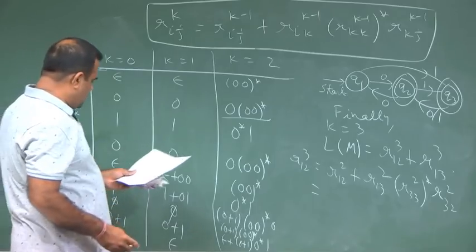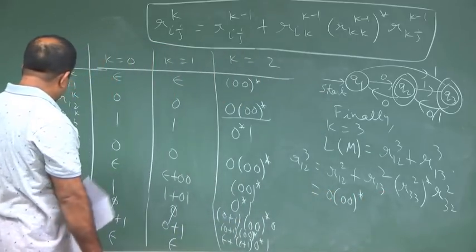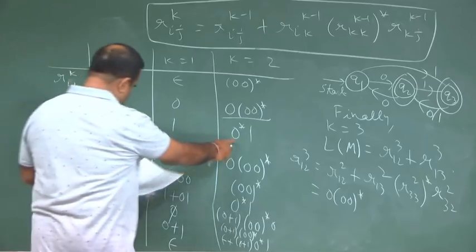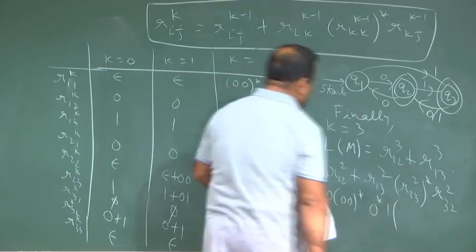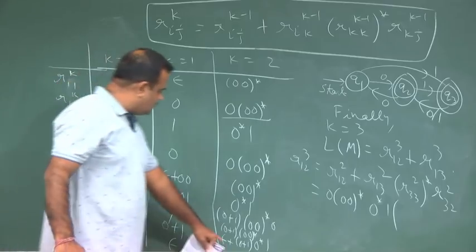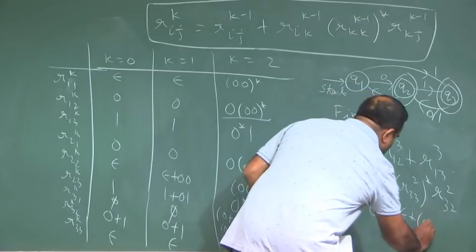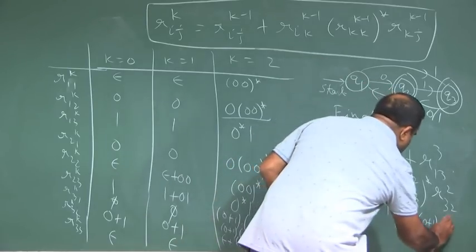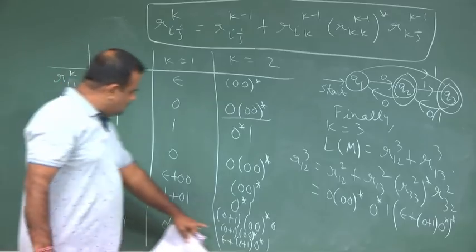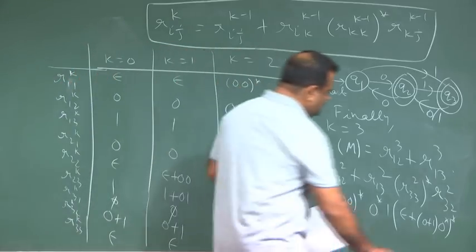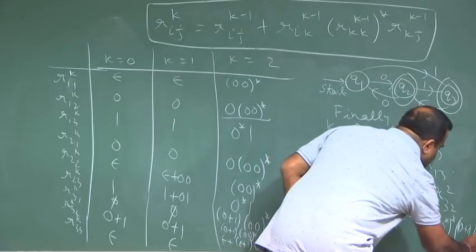If you put the values, we are getting 0 0 0 star, then R 1 3 2 is this one, 0 star 1, and then R 3 3 2, this big expression, which is nothing but epsilon plus 0 plus 1 0 star, then whole star, then R 3 2 2 is this one, in the bracket 0 plus 1 0 0 star.